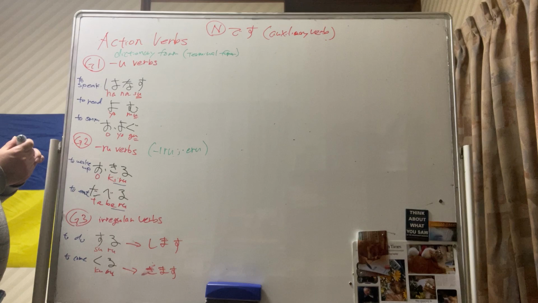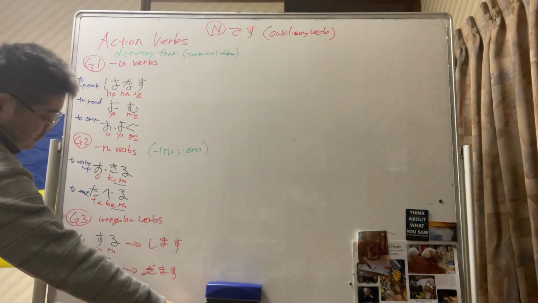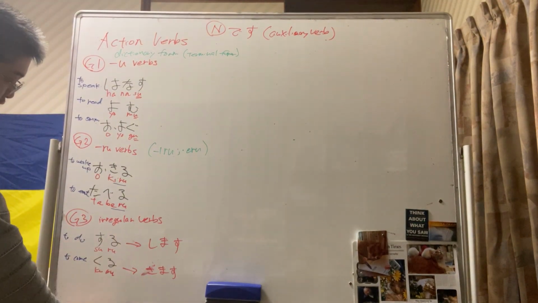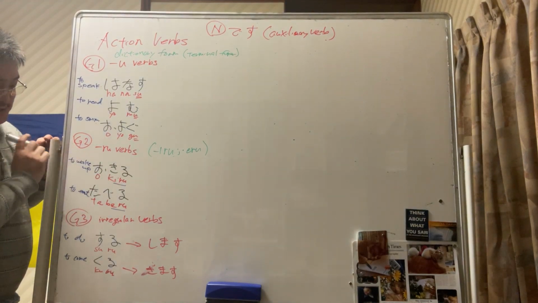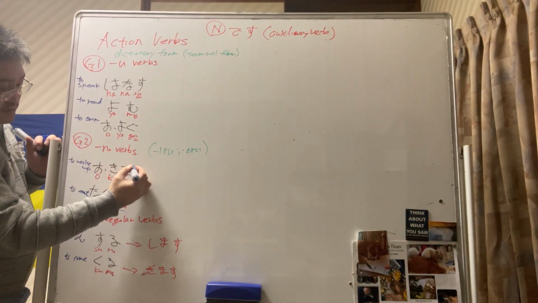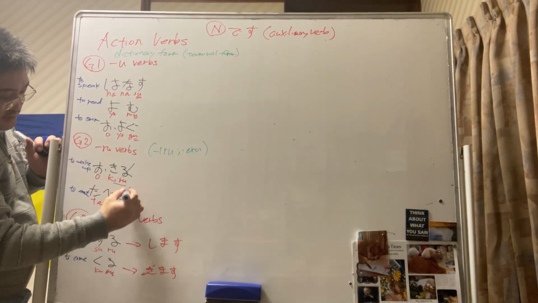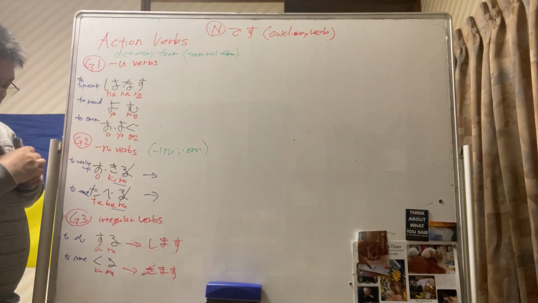And in order to change this into masu form, first we'll start with group 2 because that's easiest. To change into masu form, you take ru out and replace ru with mas.